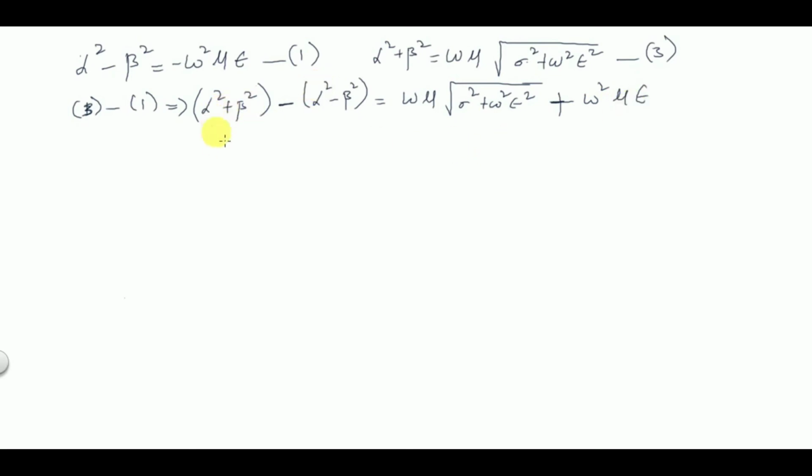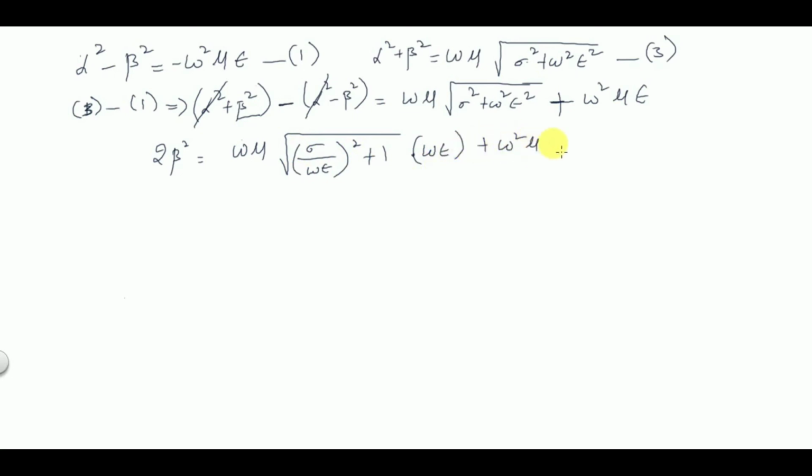Alpha square and minus alpha square cancel, so beta square minus of minus beta square is 2 beta square. So 2 beta square is equal to omega mu into, same as the previous case, sigma by omega epsilon if you take common, plus 1, multiplied by omega epsilon, plus omega square mu epsilon.